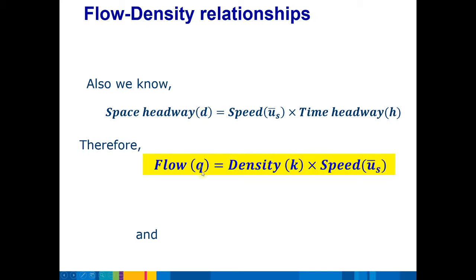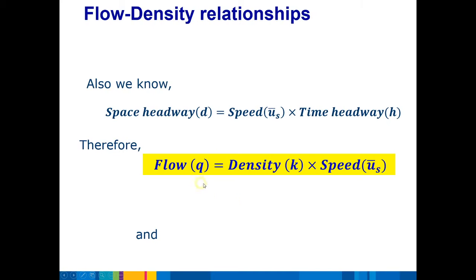And we can also say that flow, in vehicles per hour, must be equal to our density, in vehicles per distance, multiplied by our speed, distance per unit time. So vehicles per kilometer multiplied by kilometers per hour gets us back to vehicles per hour. That's just looking at the units.